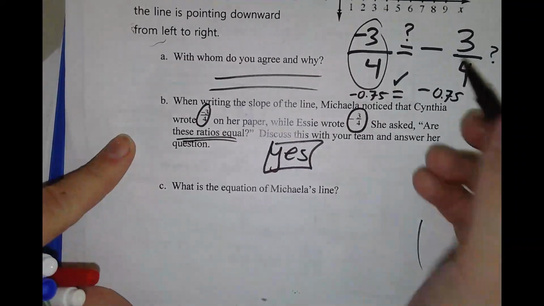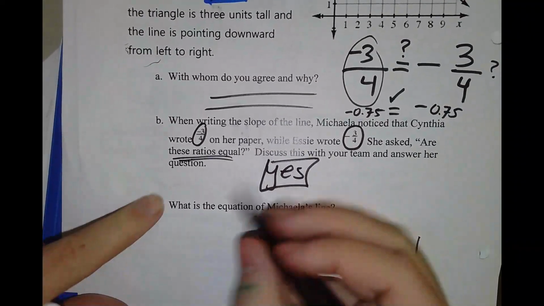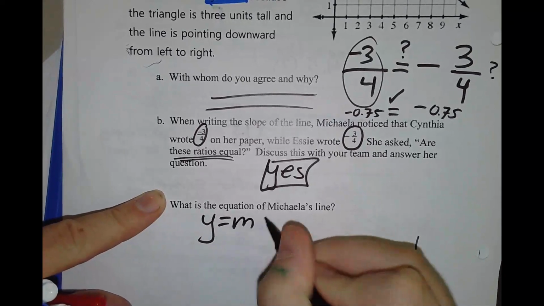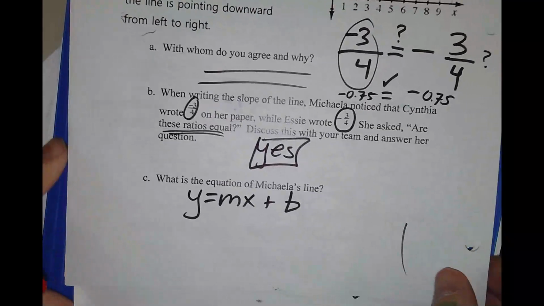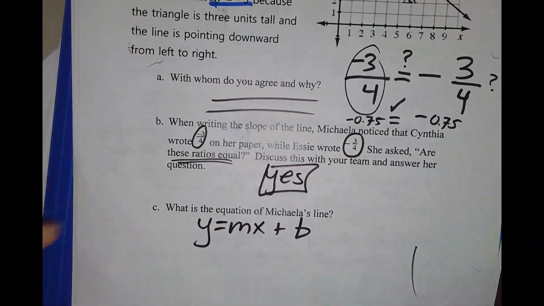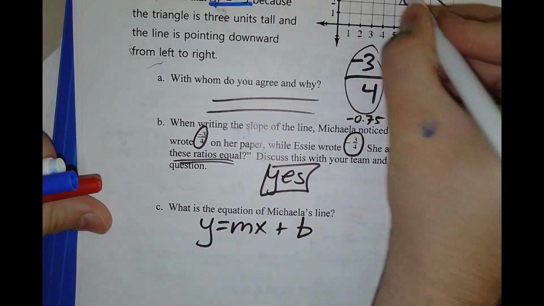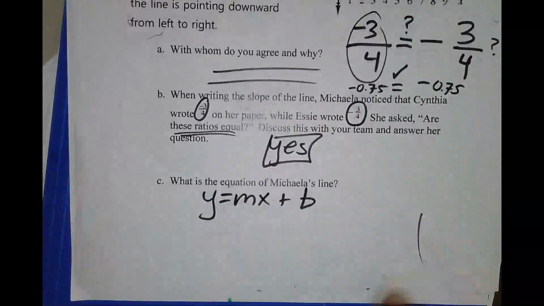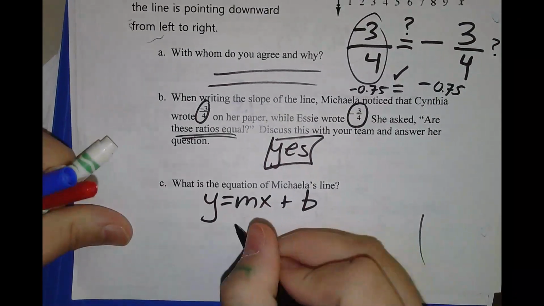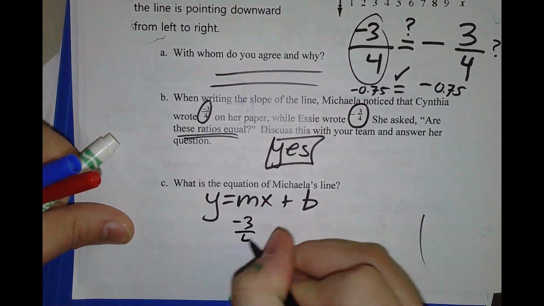Well, let's go to the answer for the slope. Sorry, the equation of that line. Y equals mx plus b. We already know the slope is negative 3 over 4, however way you write it. I am going to go ahead and write this as negative 3 over 4.